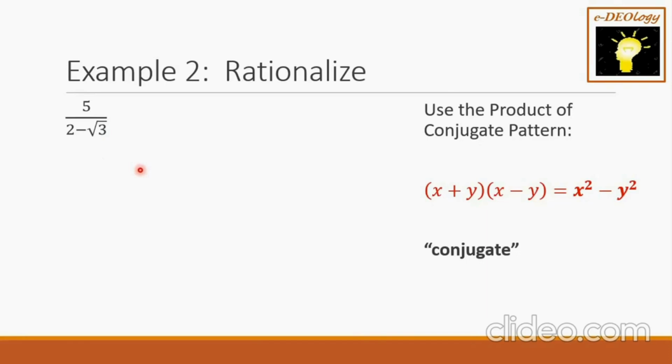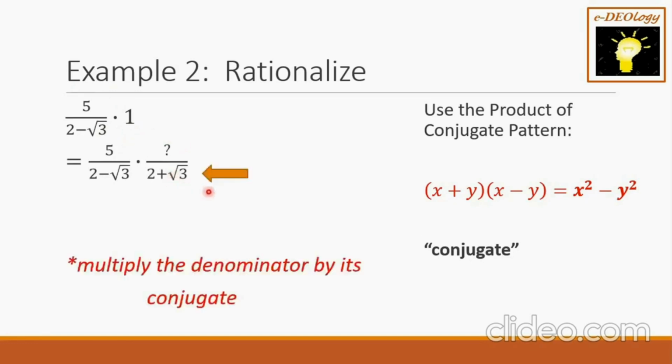Our first step is to show that we are going to multiply this fraction by a value equal to 1. And this value equal to 1 is a fraction. Then we think of our numerator and denominator. For the denominator, we're going to multiply this value by its conjugate.